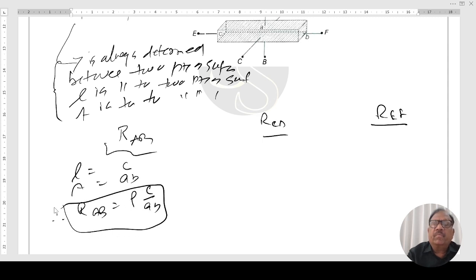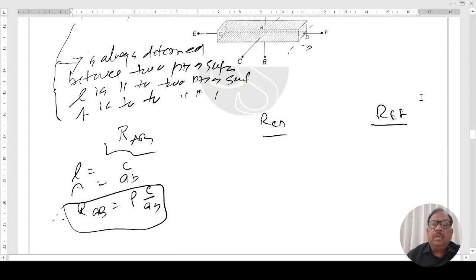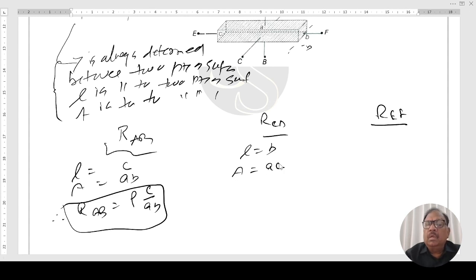Second, RCD. This is parallel to this one. This is B. The length will be B. Area will be equal to A into C. So RCD will be equal to rho B upon AC. REF.